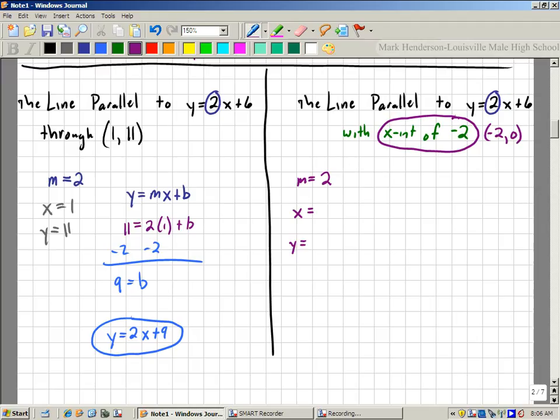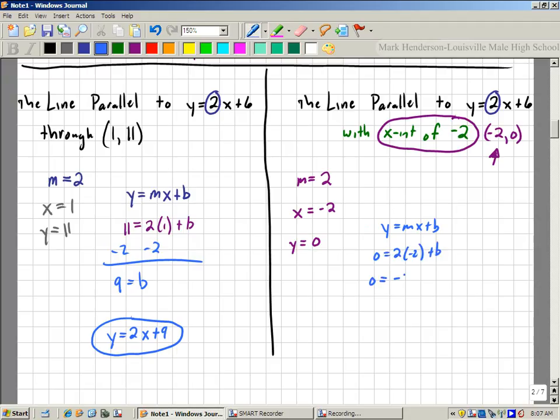Remember I made you all write your x-intercepts like this, and I told you it'd be important to know how to do it like that. This is one of the reasons why. So we have -2 and 0. And then we do it the same way. So y equals mx plus b. 0 equals 2 times -2 plus b.